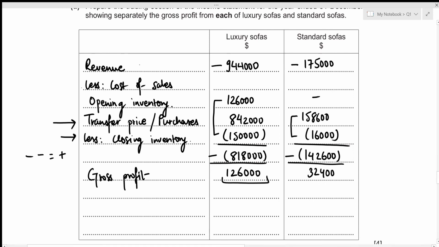And in the same way, we also deduct the opening inventory, which means that we deduct the profit associated with the opening inventory. So what we can do is just look at our provision for unrealized profit account and see whether there was an increment or decrement in our unrealized profit associated with the opening inventory and closing inventory of the finished goods for luxury sofas.